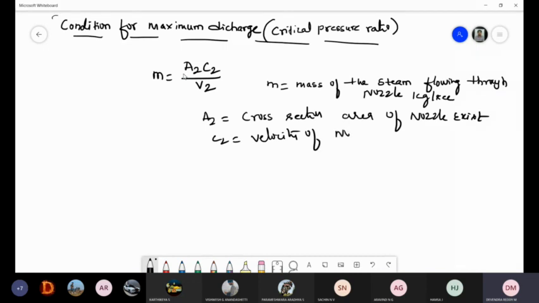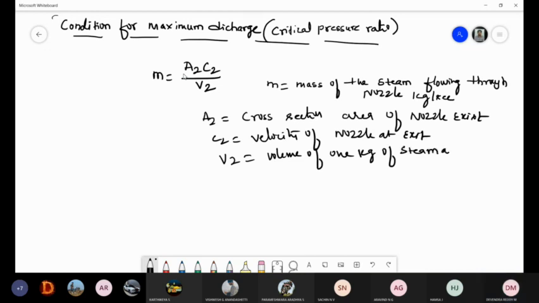Velocity of nozzle at exit, and V2 is the volume of 1 kg of steam at nozzle exit. So these are the conditions, where m is equal to A2 C2 by V2 for the nozzle exit.